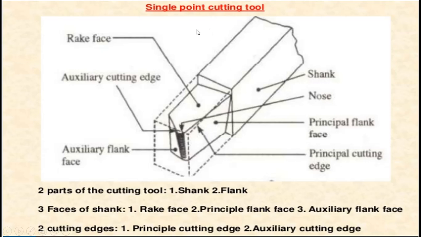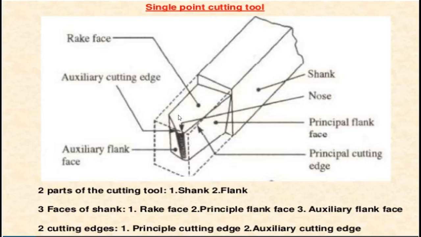Shank is nothing but the main body of the tool, the part of the tool which is gripped in a tool holder. That is this portion of the single point cutting tool, which is held in a tool post. Second, we have the flank. The surface or surfaces below and adjacent to the cutting edge are called flank.